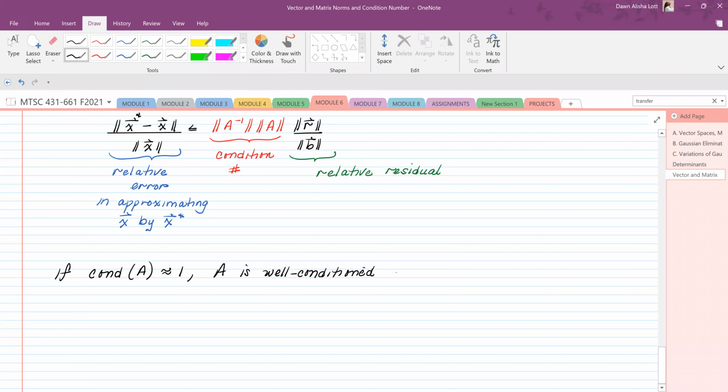And the system Ax equals b is well conditioned.